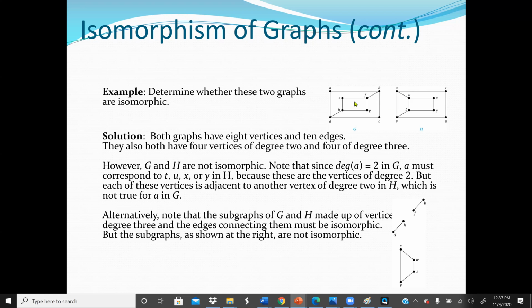That's good, we have 3. But here, the U has only 2, instead of 3, so the degree should be 3. So that alone makes these two graphs not isomorphic graphs.